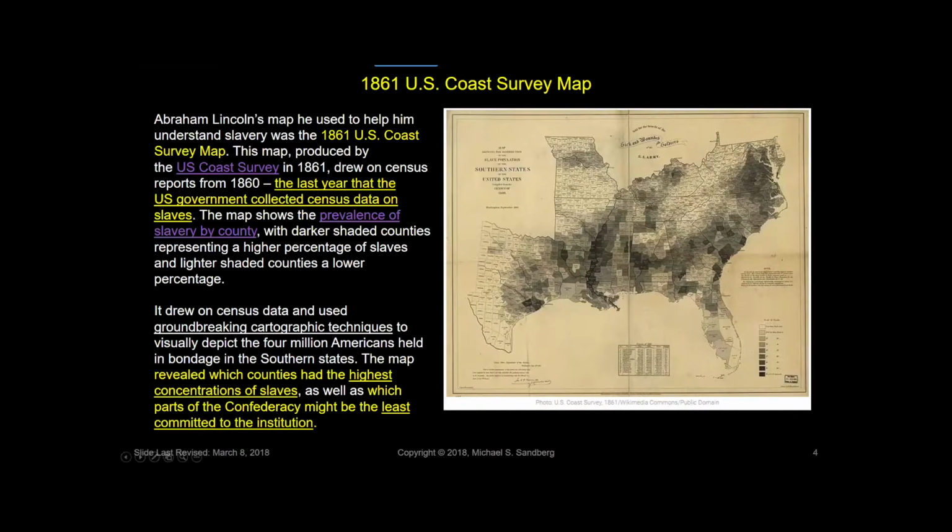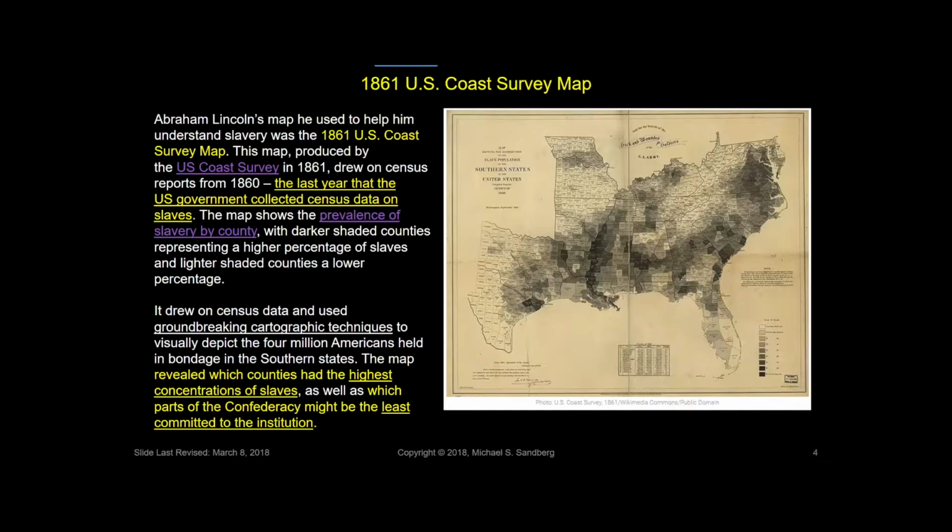The way it was shown on this map is counties that had a higher propensity of slavery were a darker shade, and those that were less inclined to have slavery were lighter shades. And this map, when they drew it, was considered to be a groundbreaking cartographic technique at the time, as it depicted 4 million Americans that were bound in slavery.